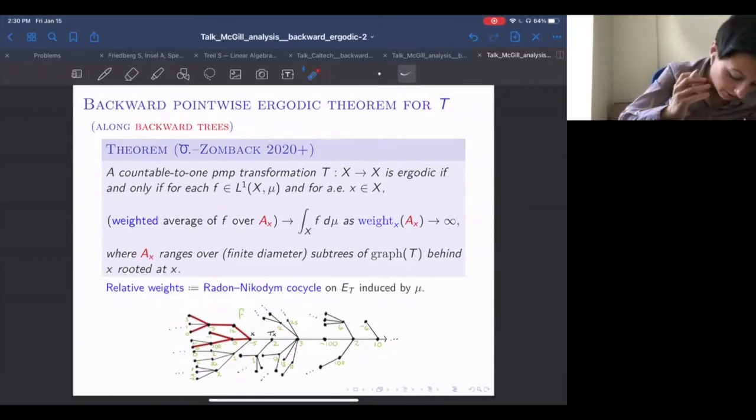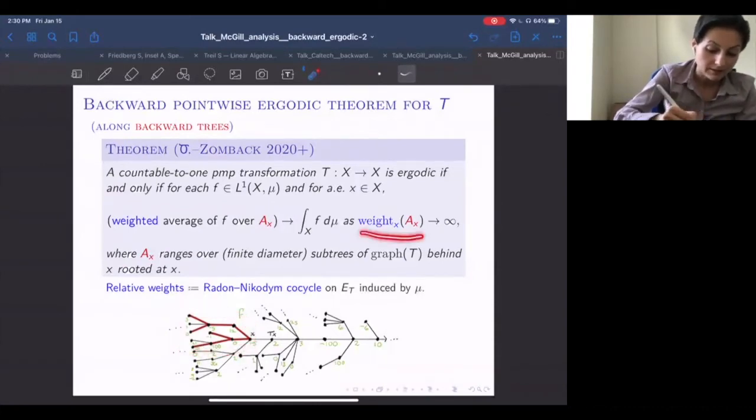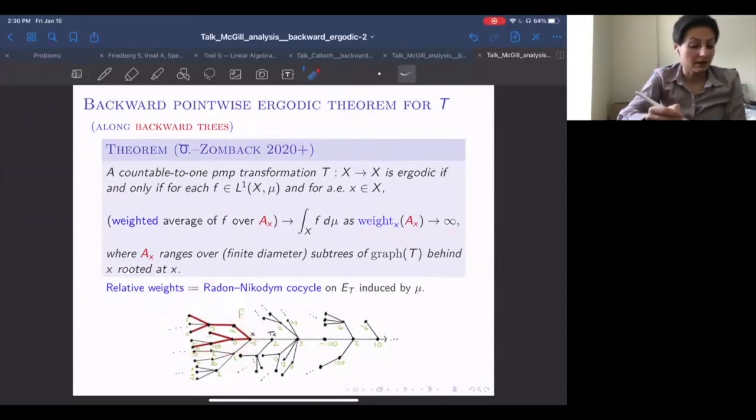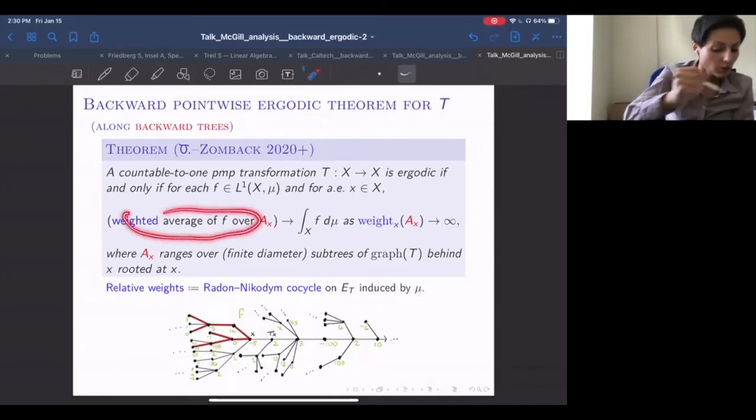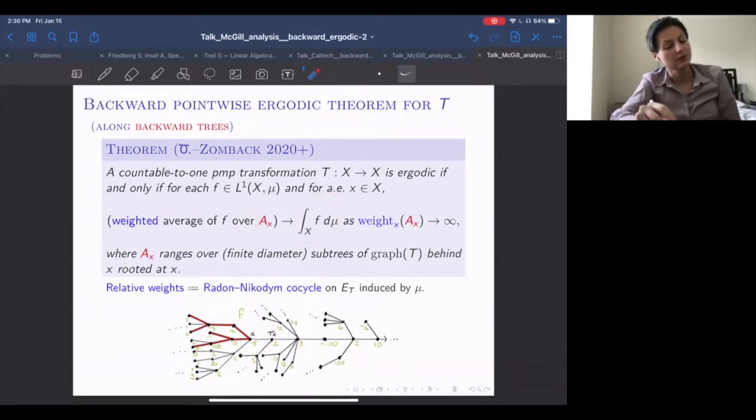If you take along any subtree, as long as the total weight of these subtrees goes to infinity, the weighted averages over these trees converge to the expectation as usual.